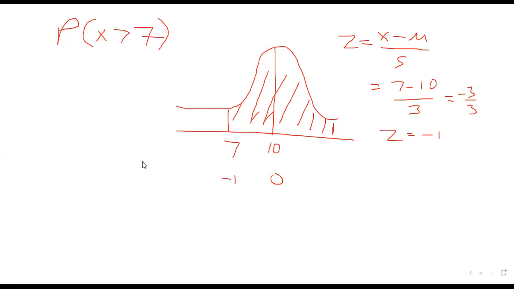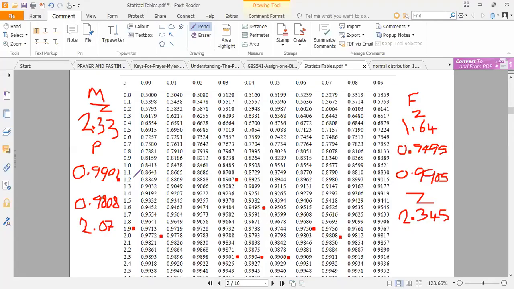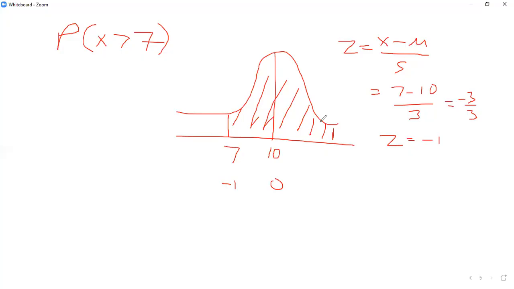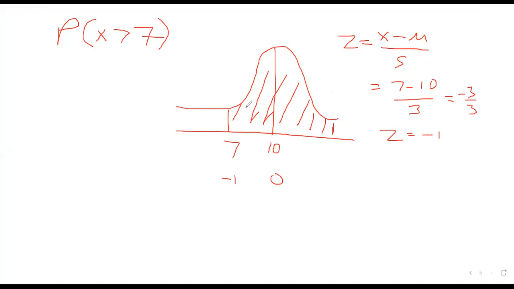So we're going to read under 1.0. What is the reading under 1.0? 0.8413. So meaning, do we subtract or do we read direct? We read it direct because this shading is more than 50.